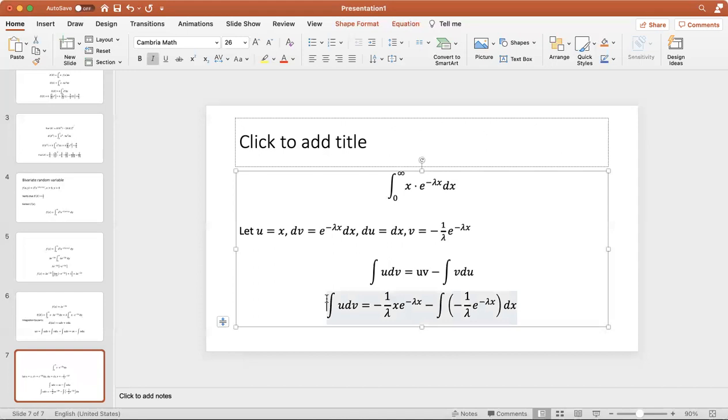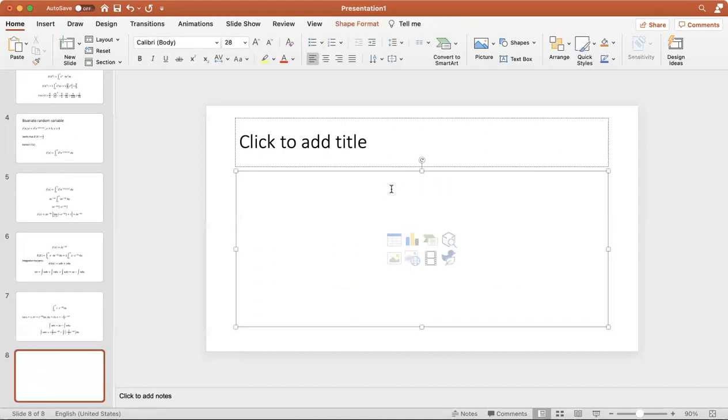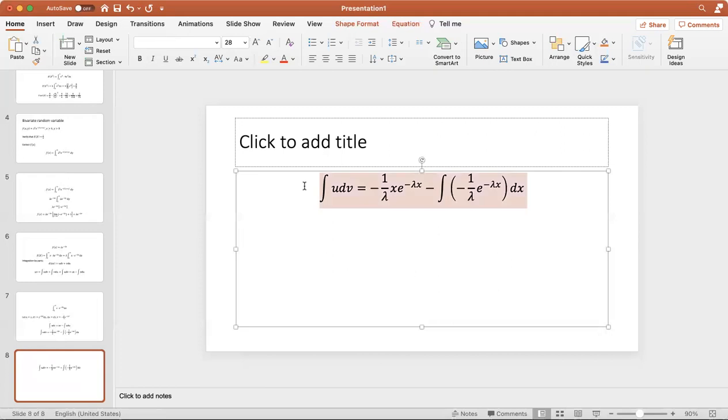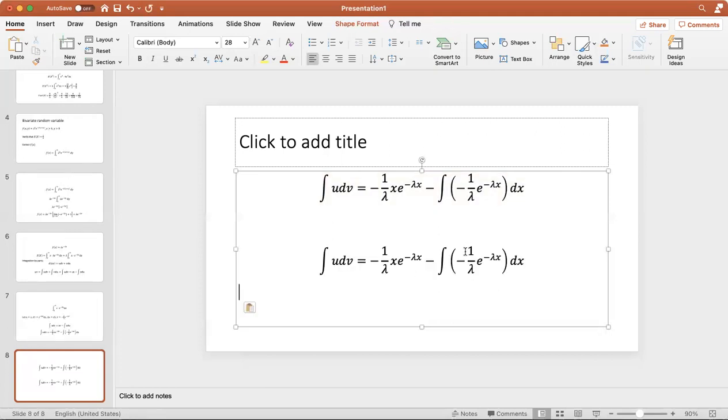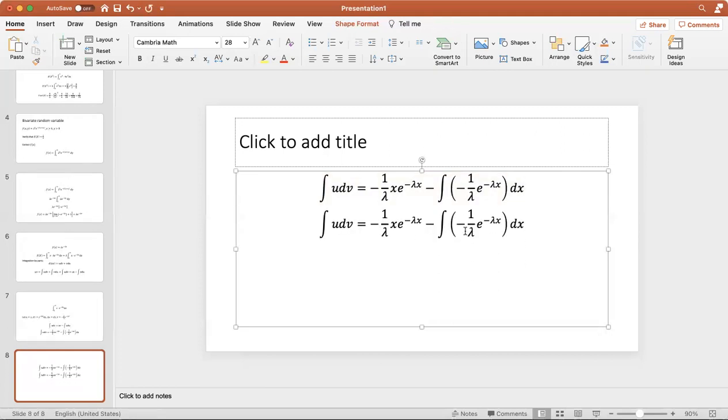So let me just copy this. And by inspection again, we can actually factor this out. Let me factor this negative lambda out.